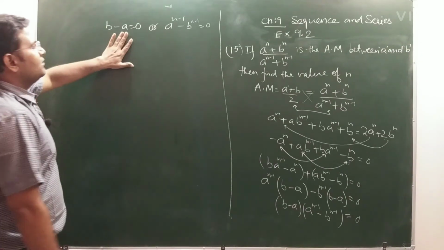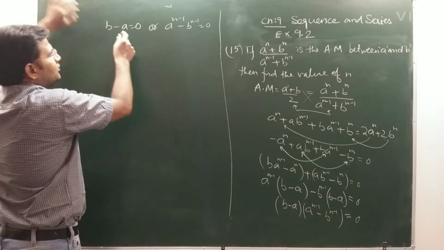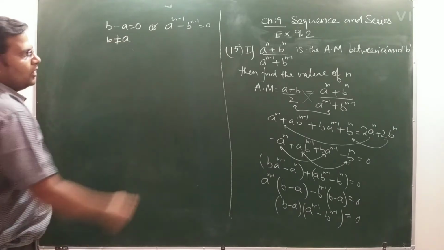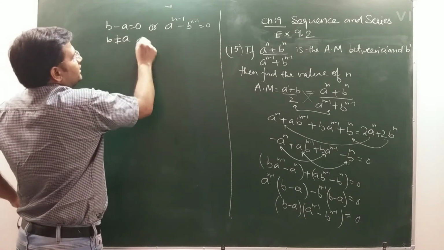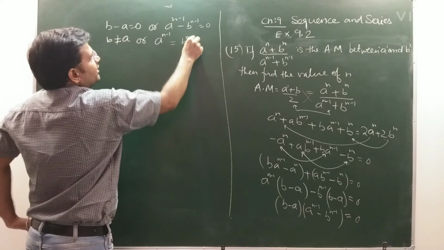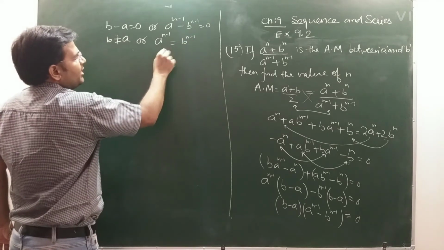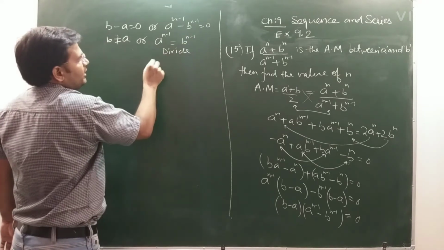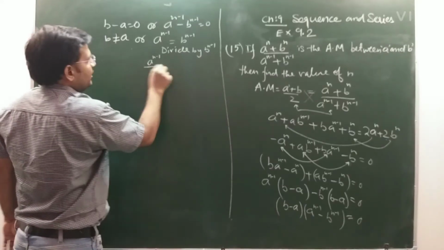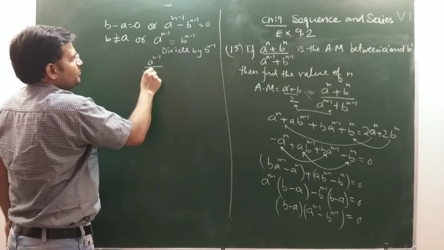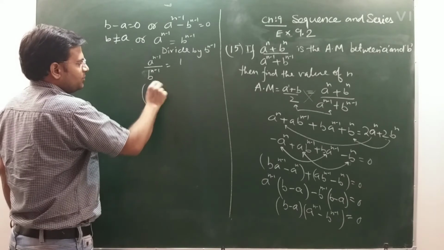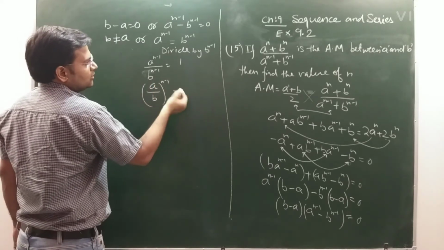But it's given to you that b is not equal to a, so you can remove b minus a. In this case, we take a^(n-1) and bring b^(n-1) to this side, and now divide: a^(n-1) divided by b^(n-1) is equal to 1, and this you can write as (a/b) whole power n minus 1 equal to 1.